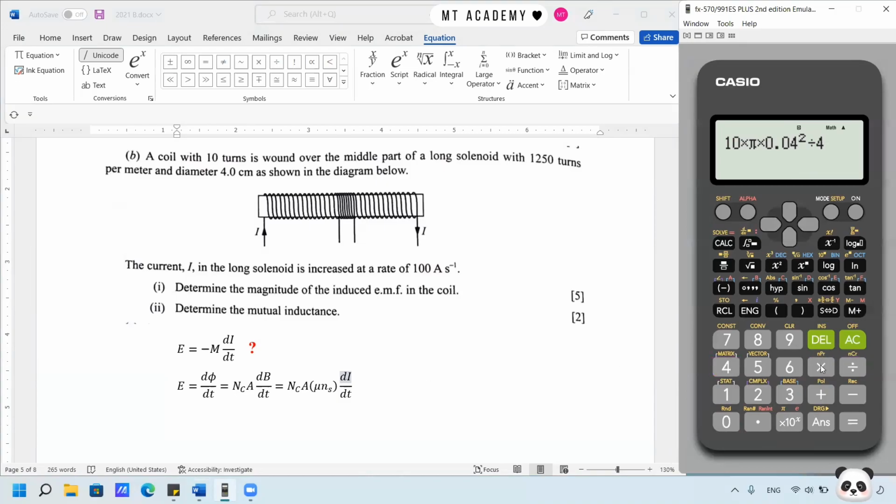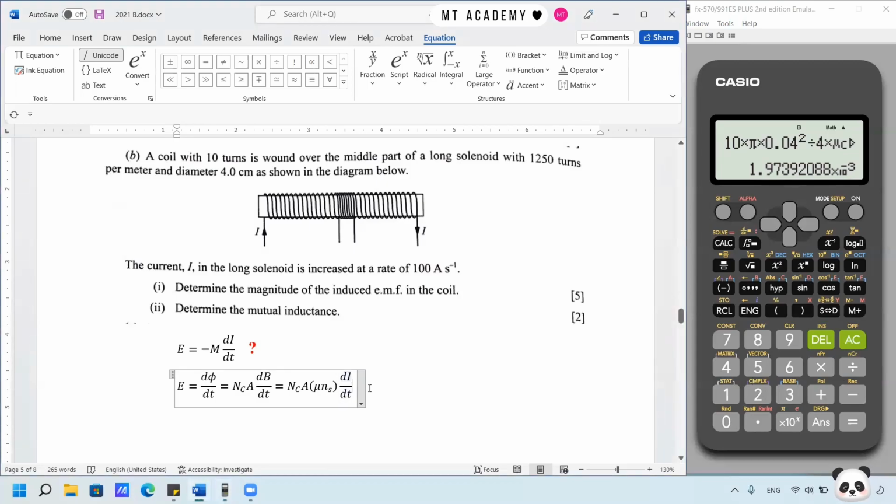Then multiply by μ, then multiply by n of the solenoid, which is 1250, and then multiply by the rate of change of current, 100. So it is equal to 1.97 mV. If you know how to do the derivations, then 5 marks are yours. Simple.